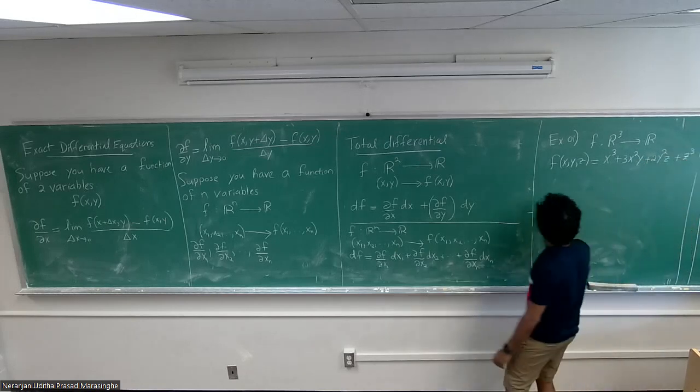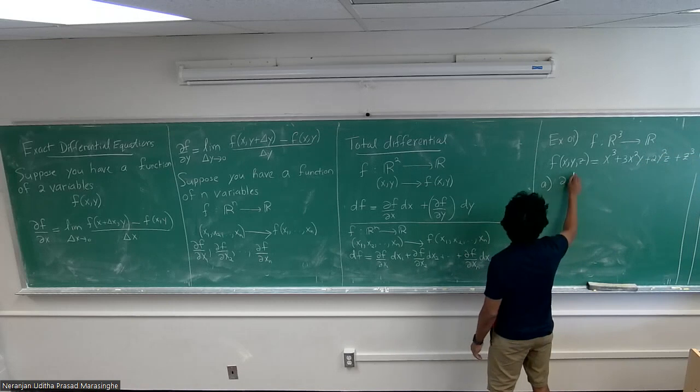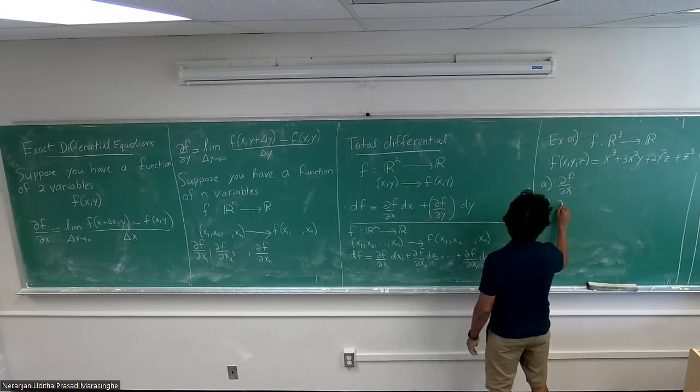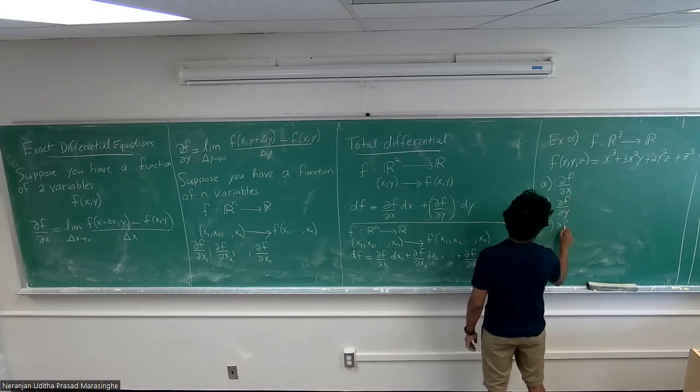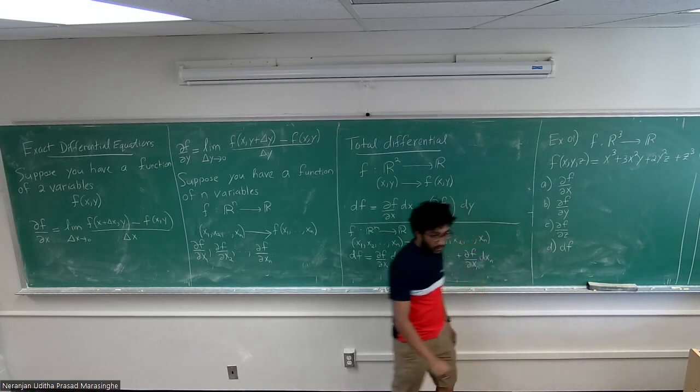Right. Part A is find ∂f/∂x. Part B is find ∂f/∂y. Part C is find ∂f/∂z. And part D is find the total differential. Okay.